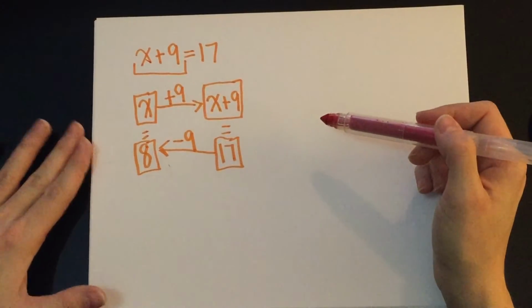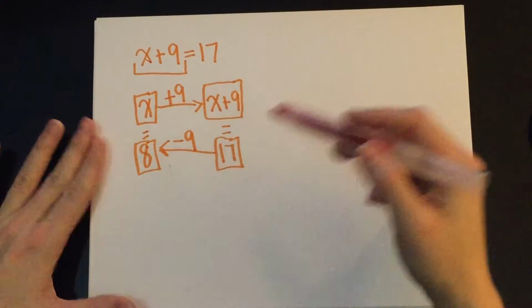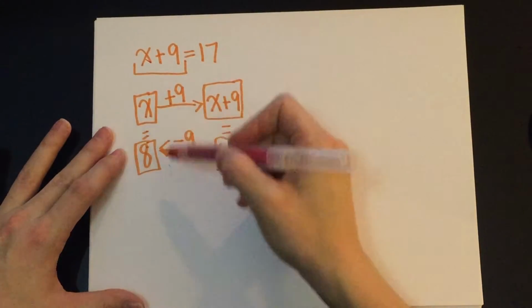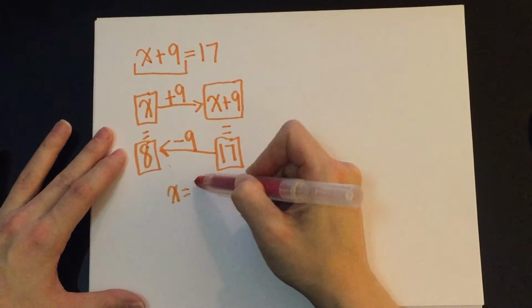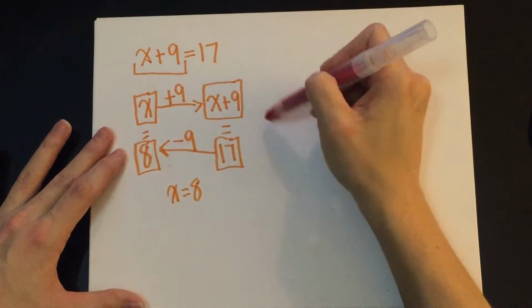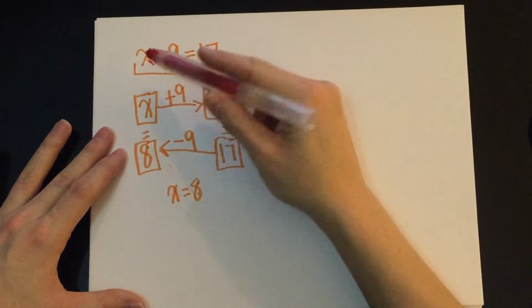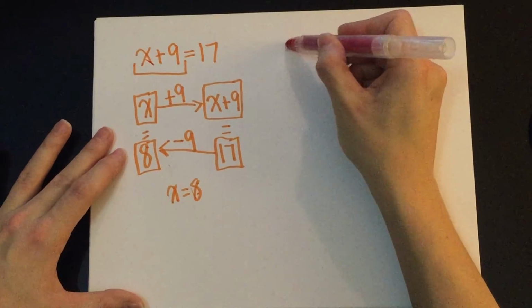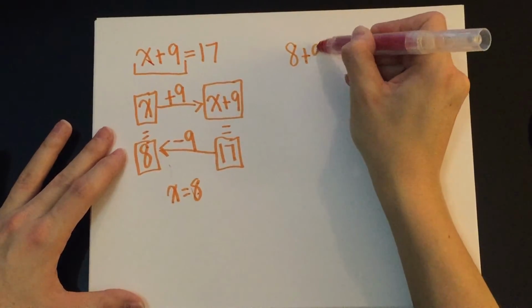And whenever we solve equations, we always want to check that. So we're going to take x equals 8 and put it back. We're going to substitute it into the equation to make sure it works.